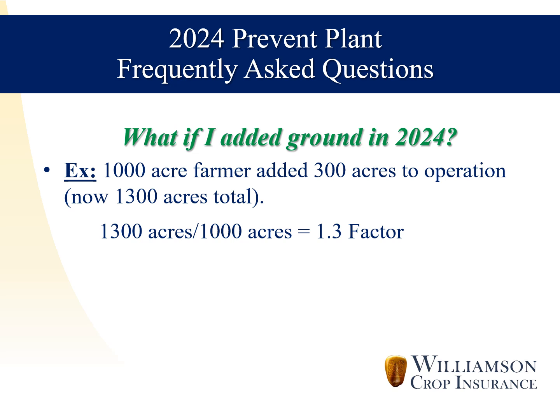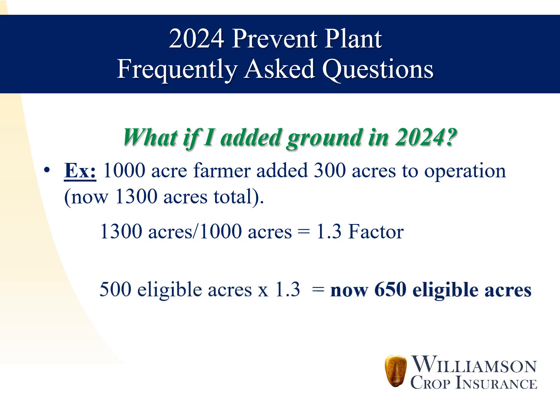So remember, we had originally had 500 acres of eligible corn acres. They're going to take that, multiply it times our new 1.3 factor of added ground. You now are eligible for 650 corn acres between planted and prevent planting. So they're going to allow you to add more acres if you've added ground to your operation.